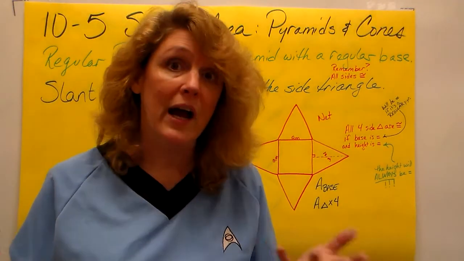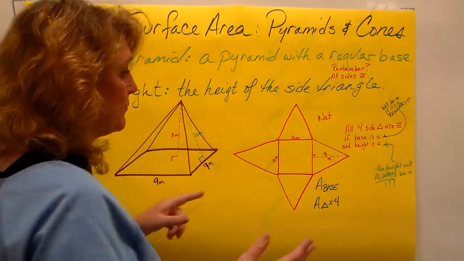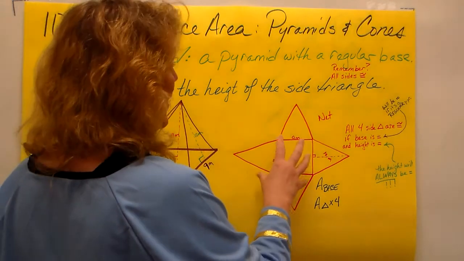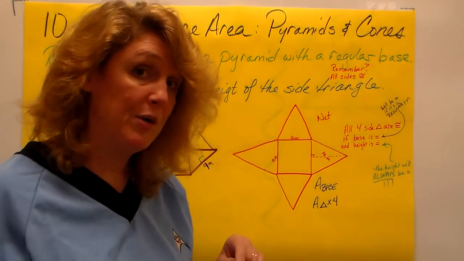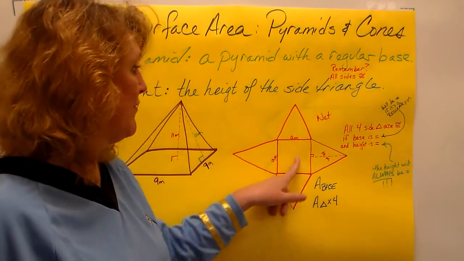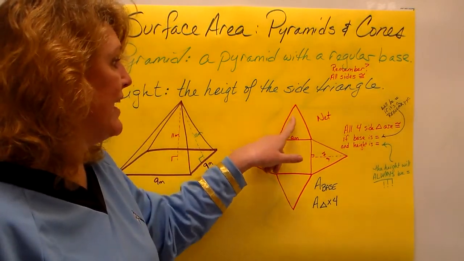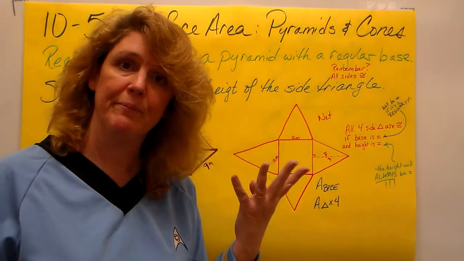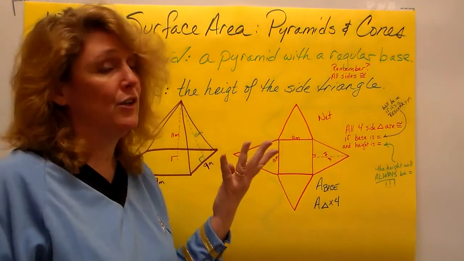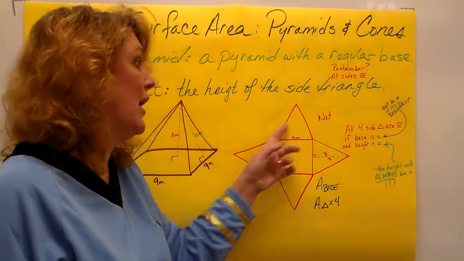So when you're finding the surface area of this pyramid, you're going to do the area of the base and then the area of the triangle times 4 because they're all the same. Bonus if you've got a regular. We're not going to do all regulars, but if you've got one, bonus.